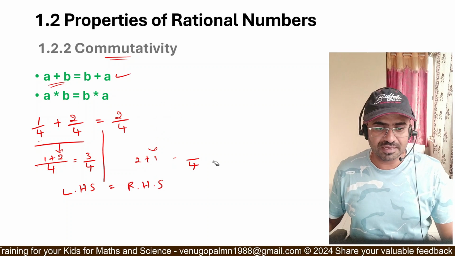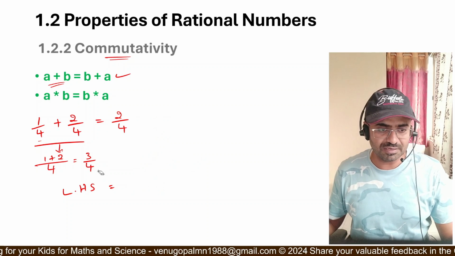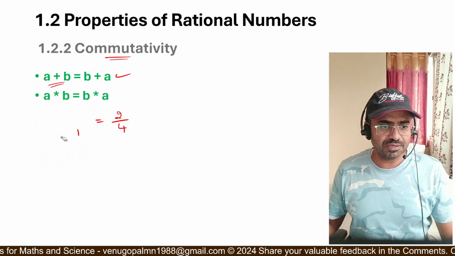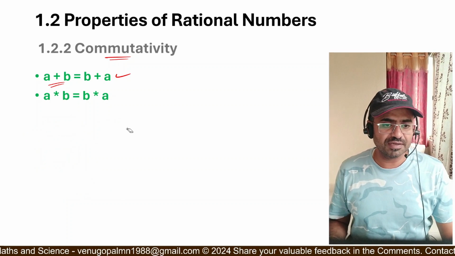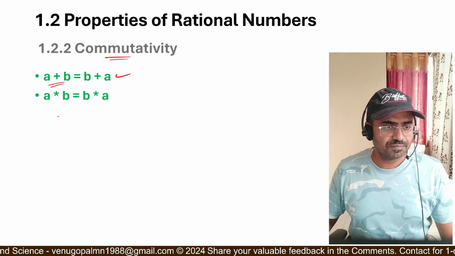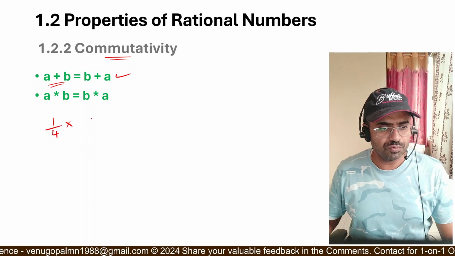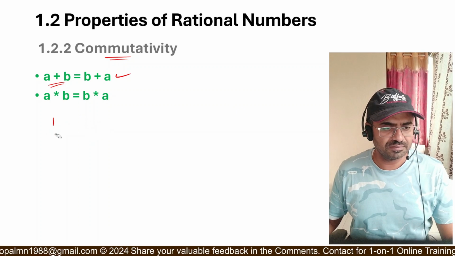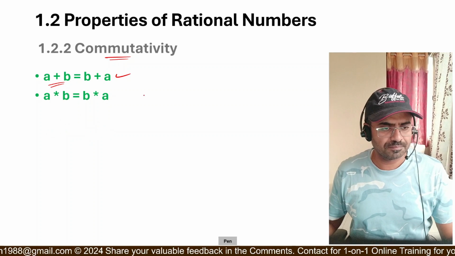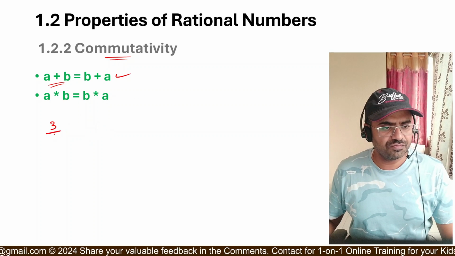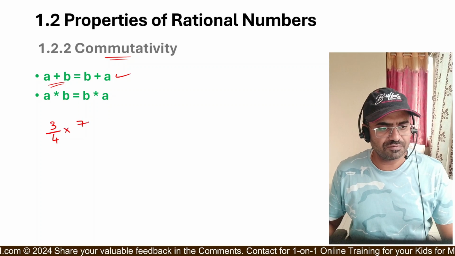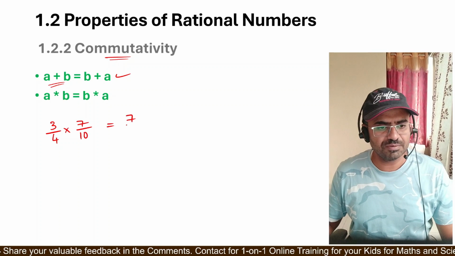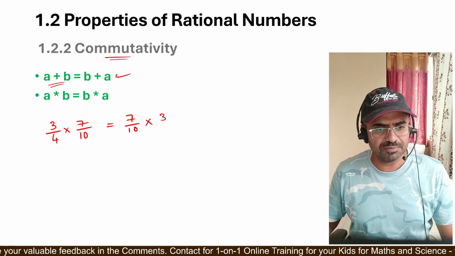Okay, let us erase this and take a similar example. Under the commutative property, you also have multiplication. Let us take the example 3 by 4 into 7 by 10, which is equal to 7 by 10 into 3 by 4.